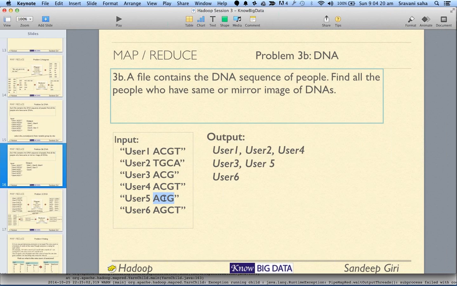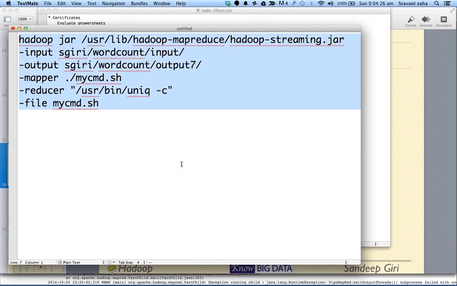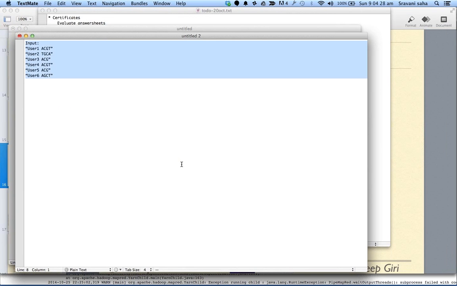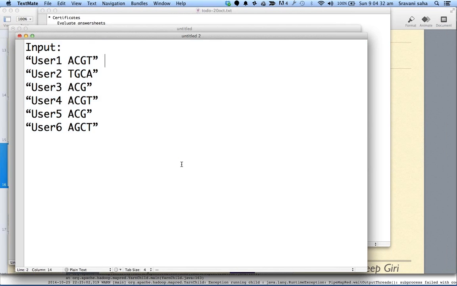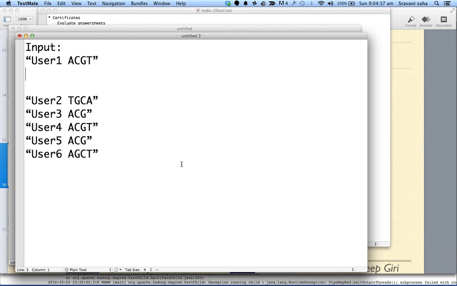Now let's take this and put it in a text file so that I can clearly explain. Now we have got this input, right? For this one, what is the reverse of ACGT? Quick, what's the reverse?